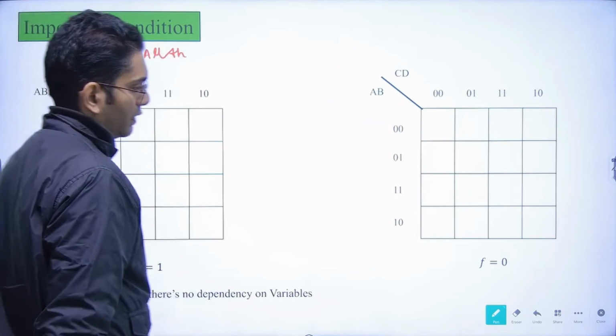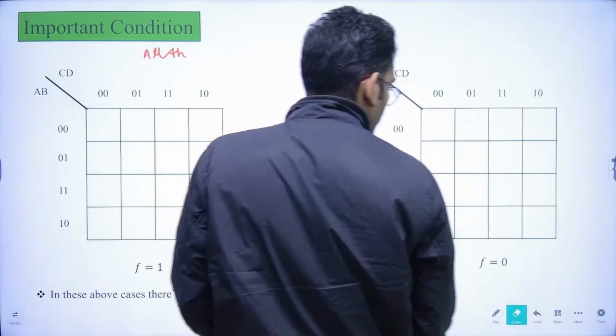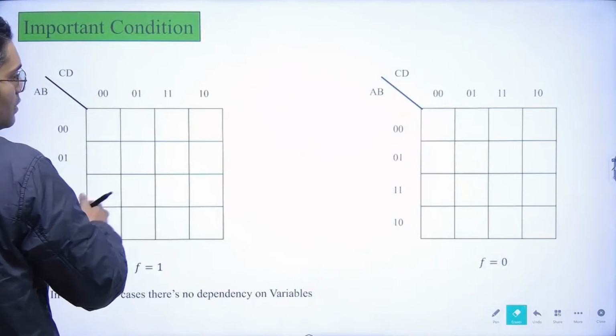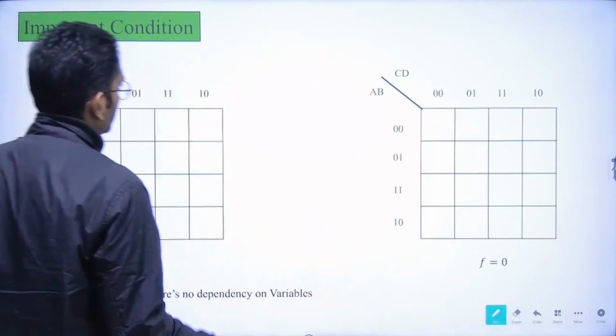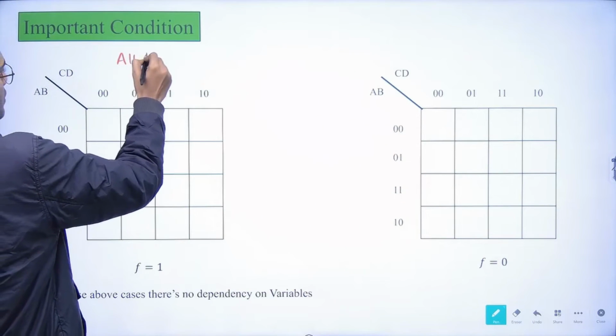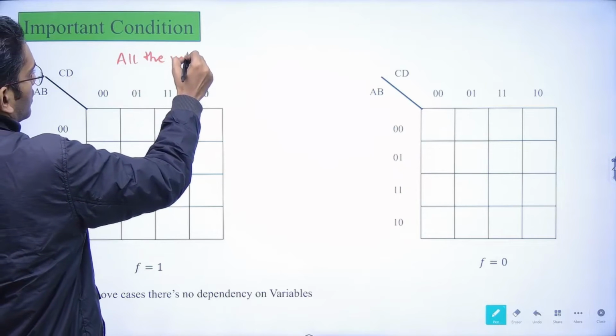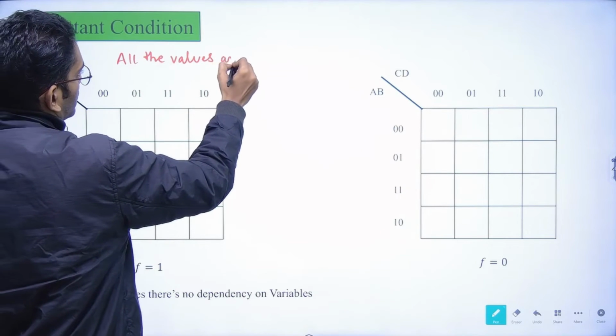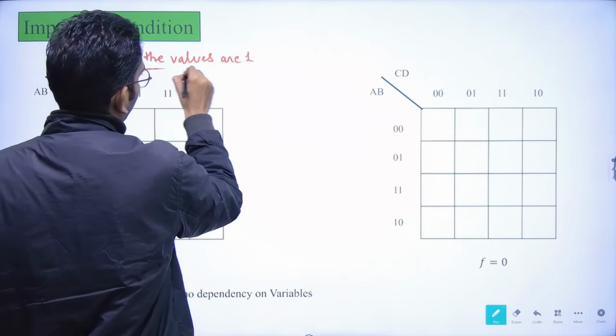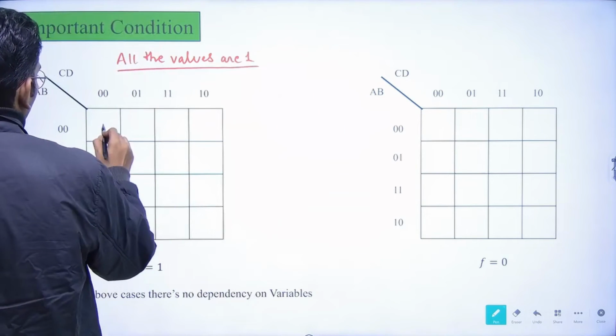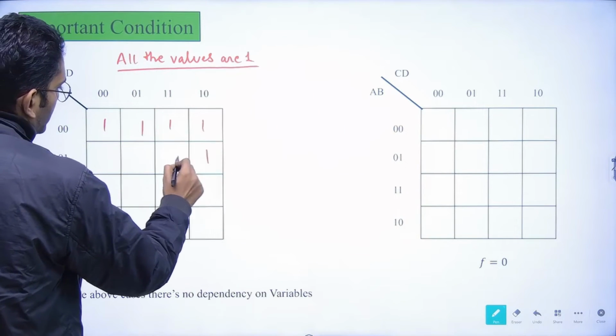If all the values are 1, this K map is like this.